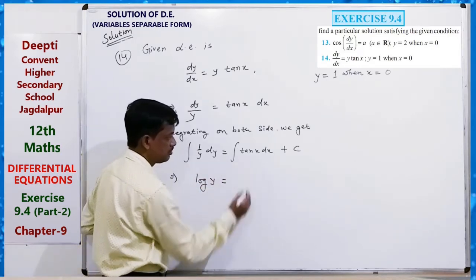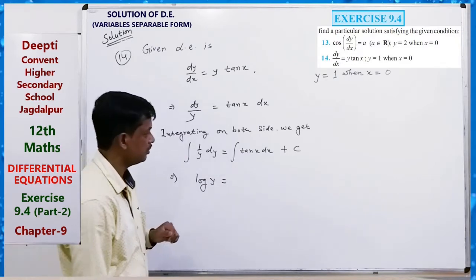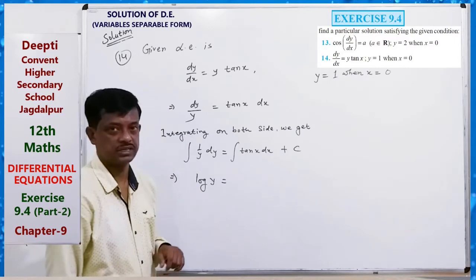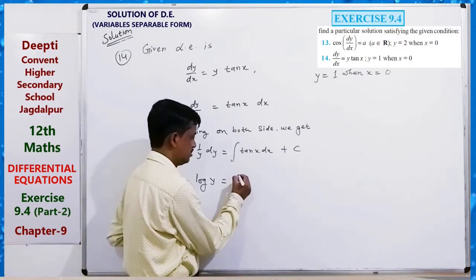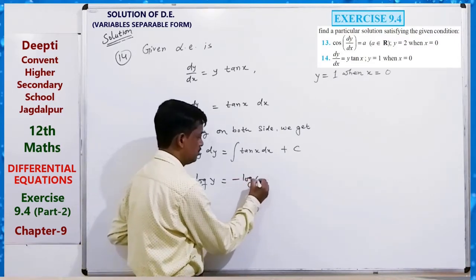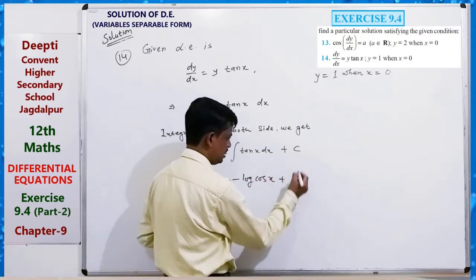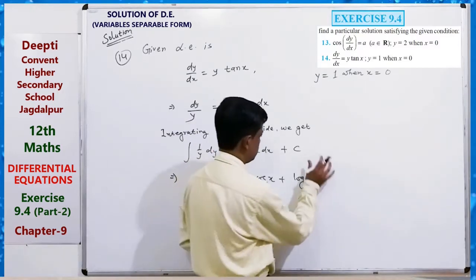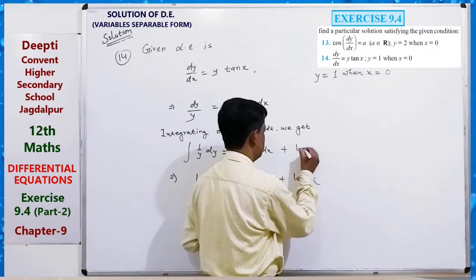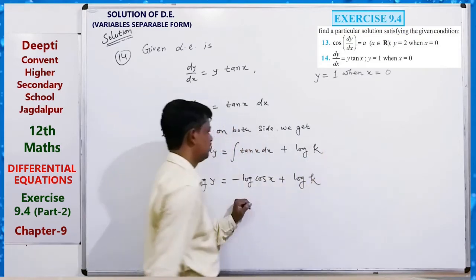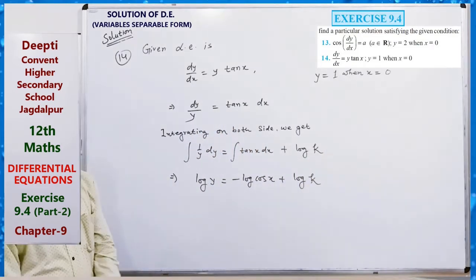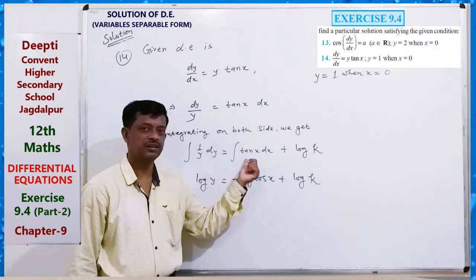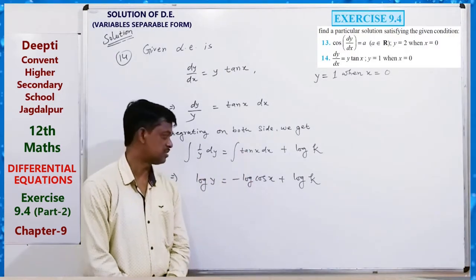Here also, the integration of tan x equals minus log cos x, that is log sec x. C can be written as log of k from the beginning, because here we will get log, here also log. So the integration of tan x is minus log cos x.